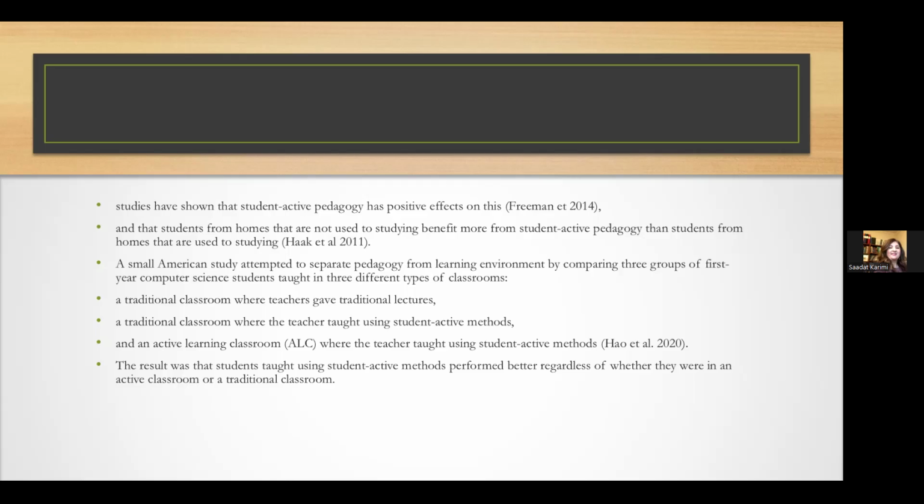And the third form was the active learning classroom, ALC, where the teacher taught using student active methods. The result was that students taught using student active methods performed better, regardless of whether they were in an active classroom or a traditional classroom.